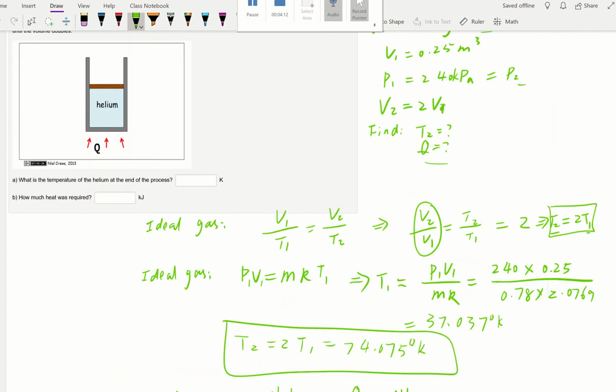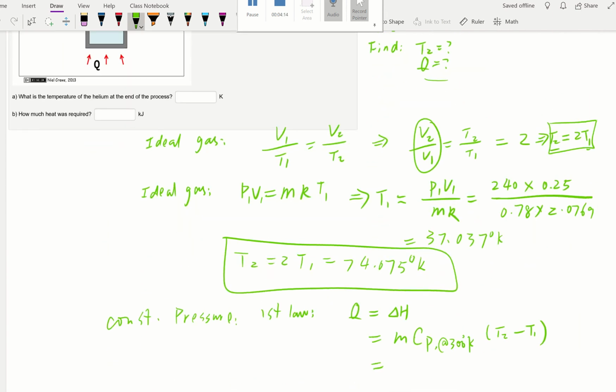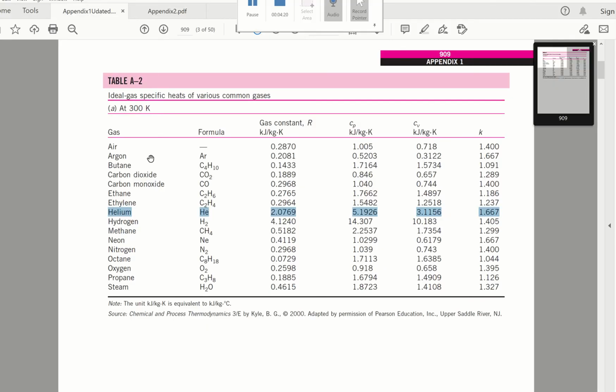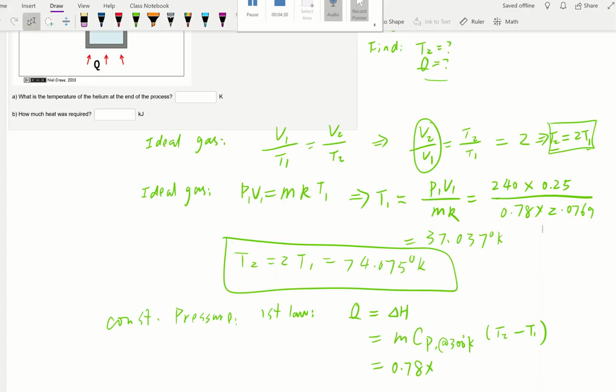And the mass is given here. Mass is 0.78 kilogram. And let's go look at the CP at 300 Kelvin. So that's going to be right here, helium. CP is 5.1926.